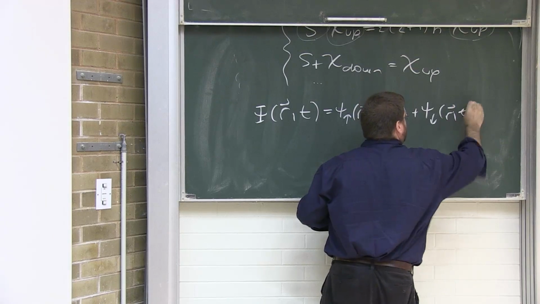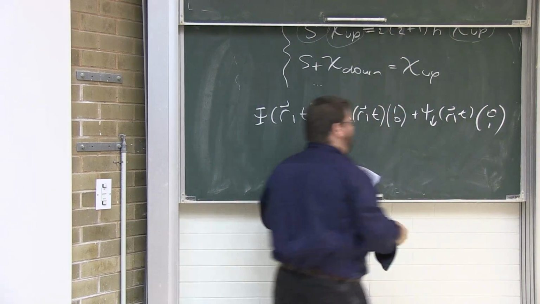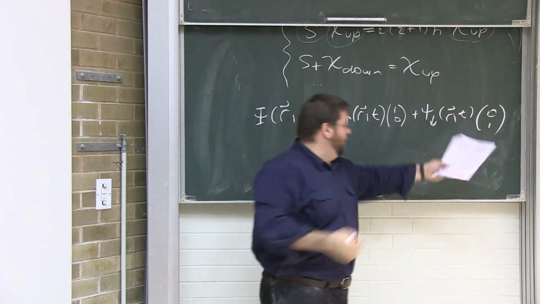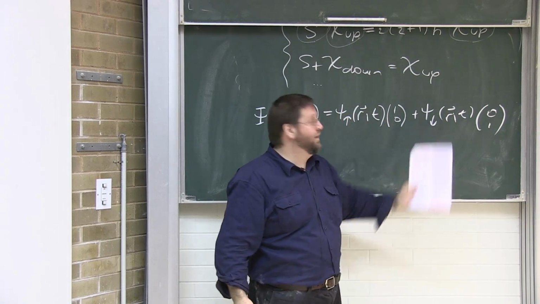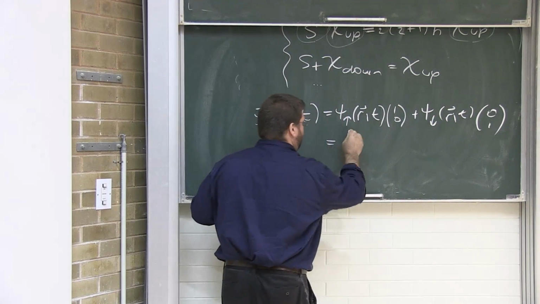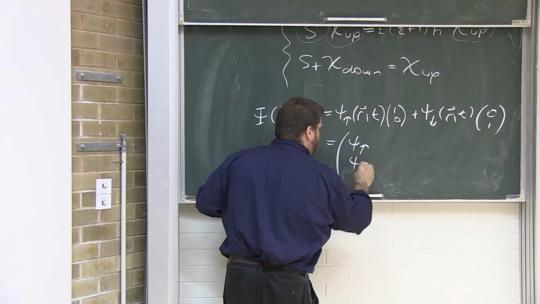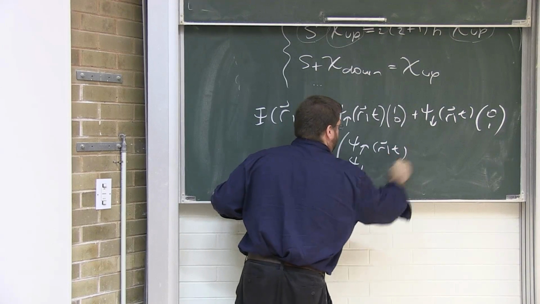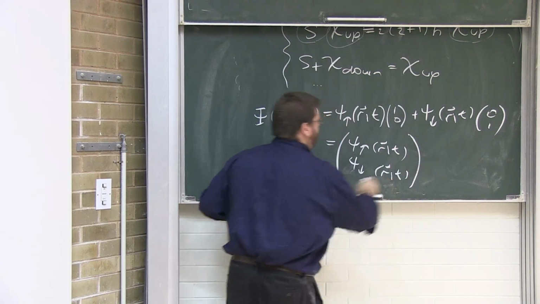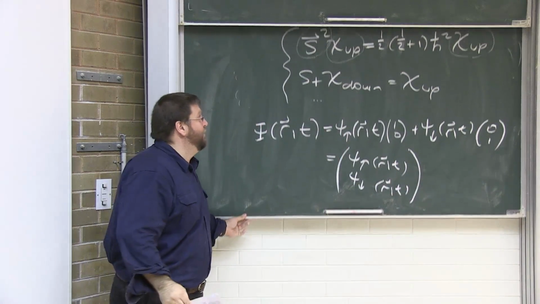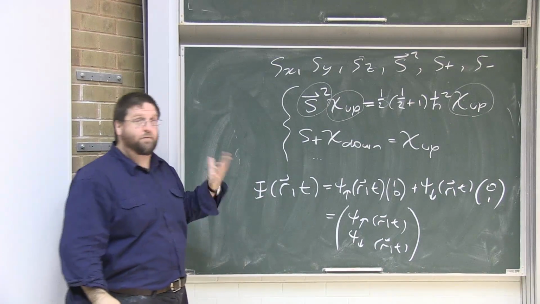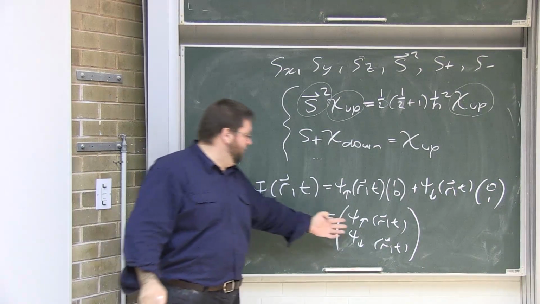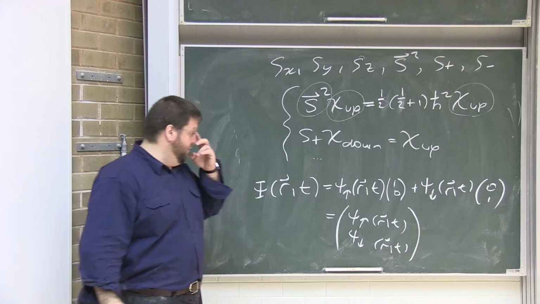Similarly, the down spinner, the spin degree of freedom, can be smeared through space with a position and time-dependent coefficient. And we can put these two things together into a two-component wave function. So when you have the theory of spin applied to a spin-half particle, you actually have two complex wave functions, one for the up projection and one for the down projection.